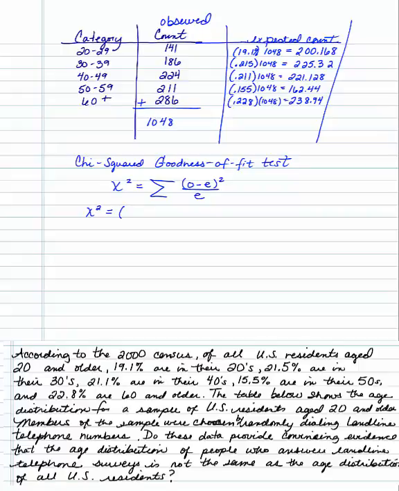So 20-year-olds, we would observe 141. We would expect to get 200.168.